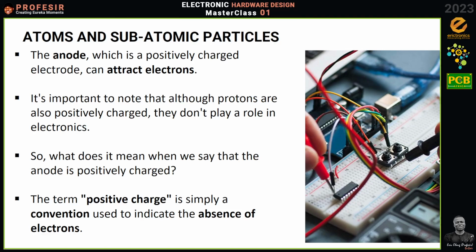But if I take away a single electron, it doesn't change the number of protons in the nucleus. So the number of protons still remains 29, but the number of electrons becomes 28.